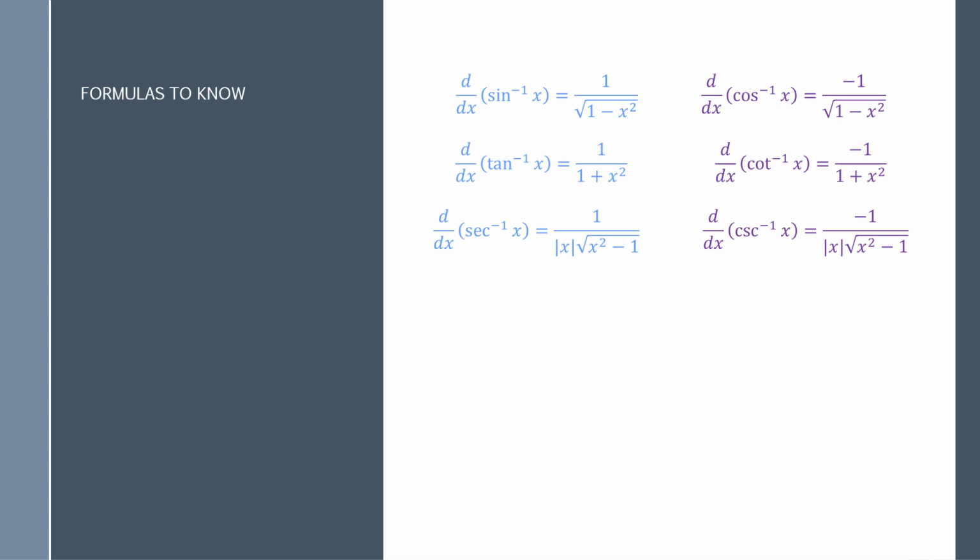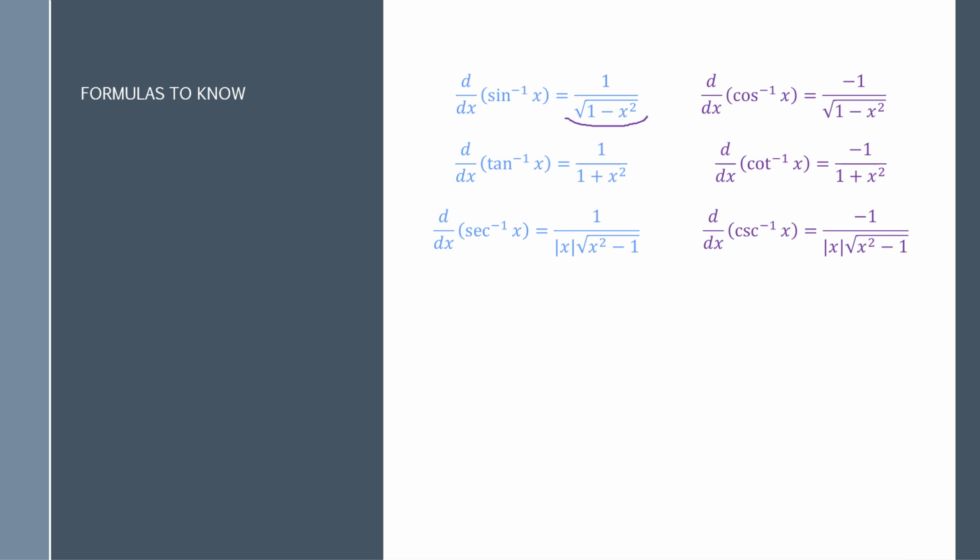So here you see 6 formulas. And you might have noticed that I grouped them up in such a way that the first column, the one on the left, has all positive expressions for the derivatives. So here we have derivative of sine inverse is positive 1 over the square root of 1 minus x squared.